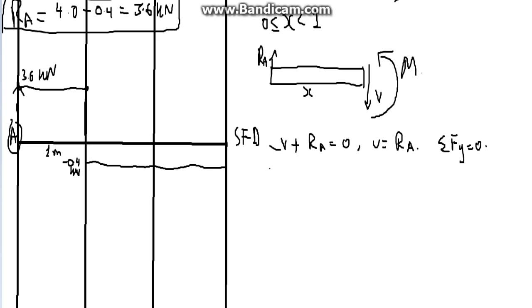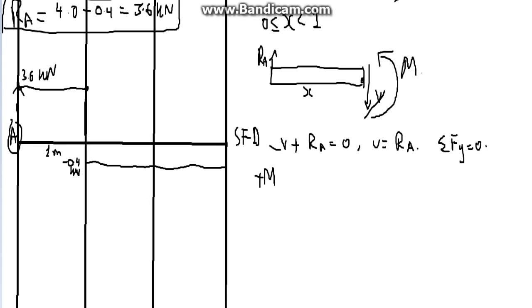Now for the moments part, we start from here and we go left, and we include every single force along that sectioned part. M has to be included because M is a moment, regardless of where it is. It's a moment already, so there's no distance that needs to be multiplied by. This is M. V is there, but it's V times 0, so V is kicked out.